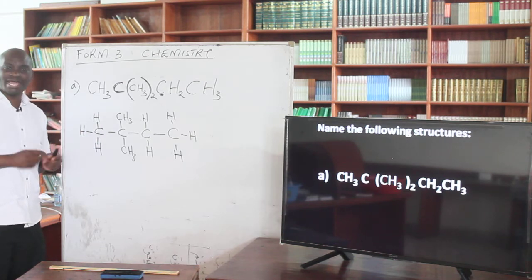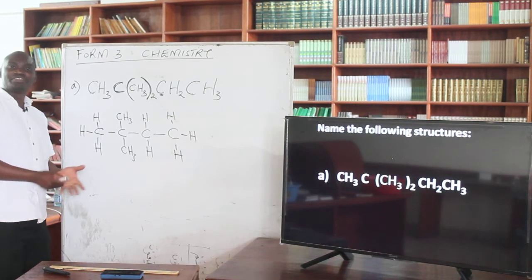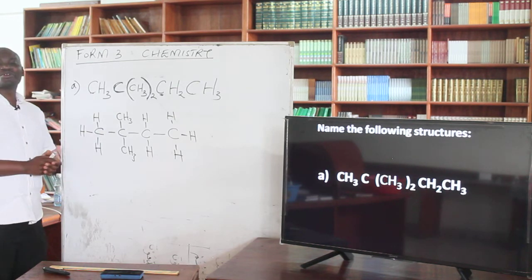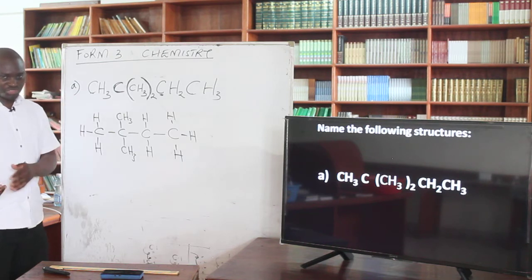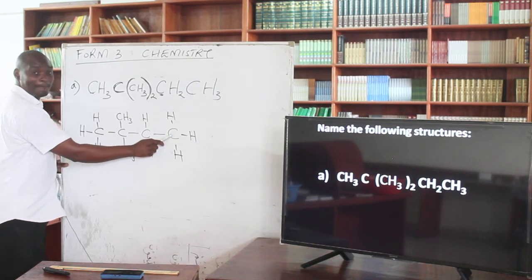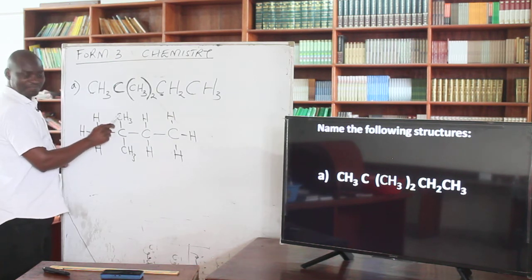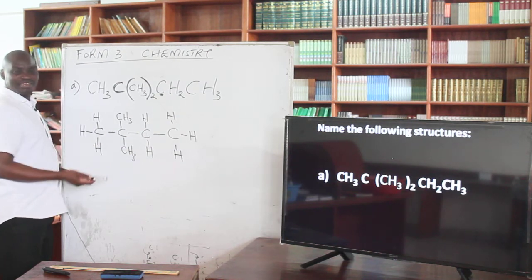Now this one is easier to name. We can now apply the IUPAC system of naming by first considering the longest continuous chain. We count 1, 2, 3, 4. So the longest is 4.